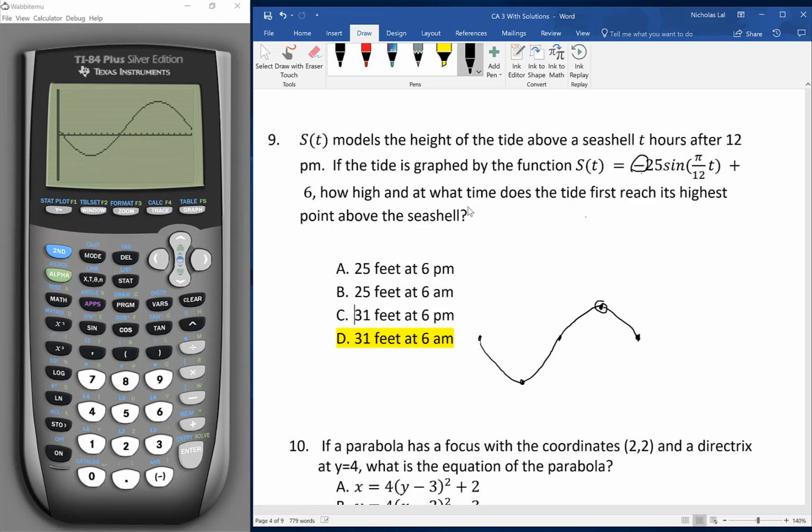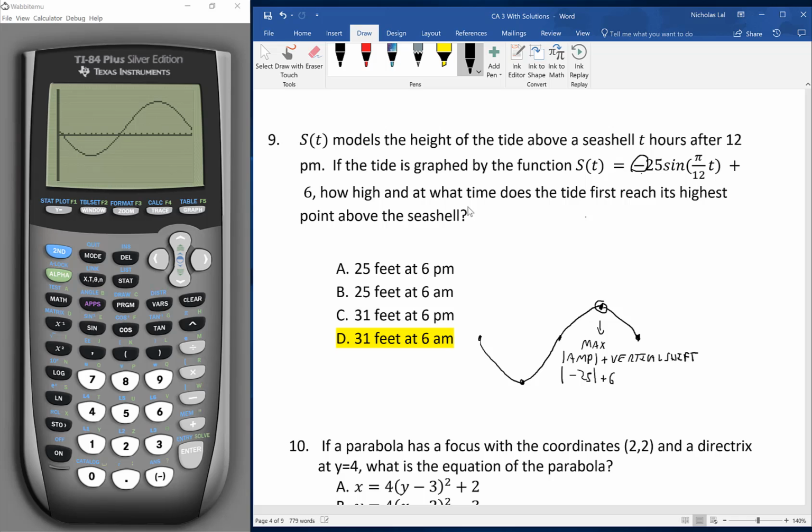And so note that the maximum is going to be the absolute value of the amplitude plus your vertical shift. So that maximum would be the absolute value of -25 plus your vertical shift 6.